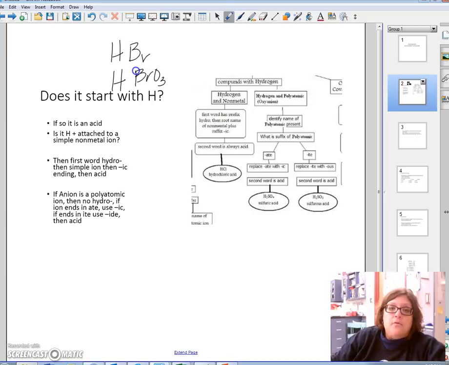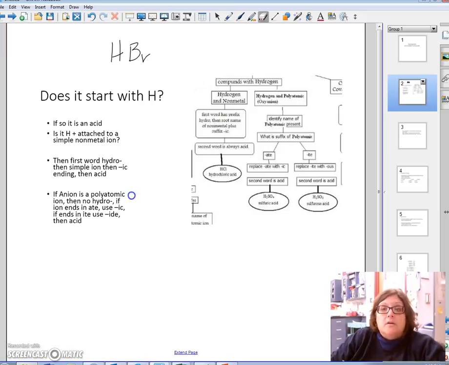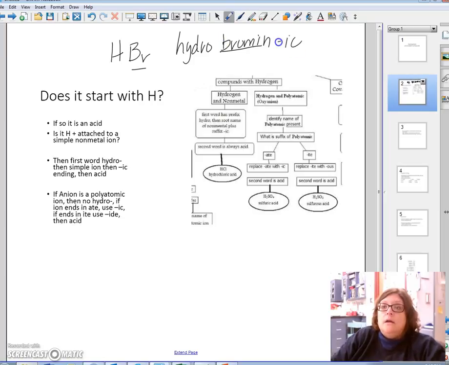First, is it binary? Is it attached to one non-metal element? If it is, the way we write that is hydro, then you put the name of the ion, so for bromine, and then you put on ic.